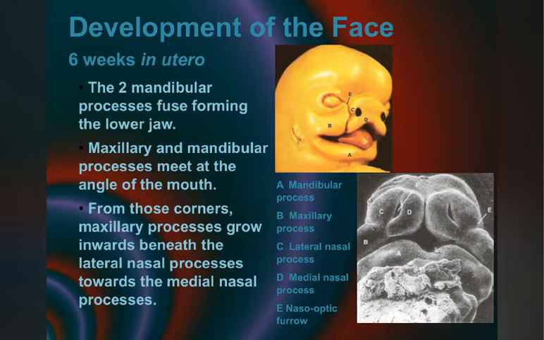The two mandibular processes fuse, forming the lower jaw. Maxillary and mandibular processes meet at the angle of the mouth. From these corners, maxillary processes grow inward beneath the lateral nasal processes toward the medial nasal processes.